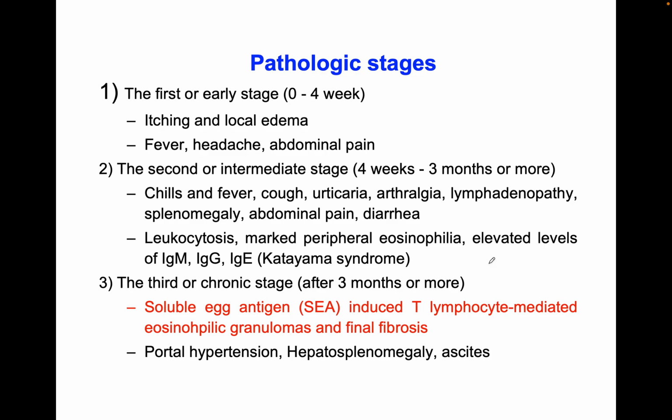This antigen starts the T lymphocyte mediated eosinophilic granuloma, and finally fibrosis. And there is portal hypertension, splenomegaly, and ascites, which is a very late stage.